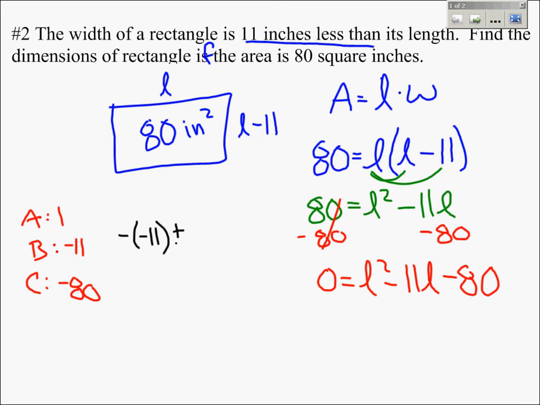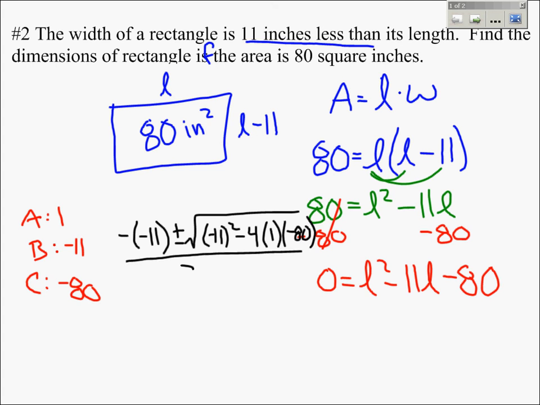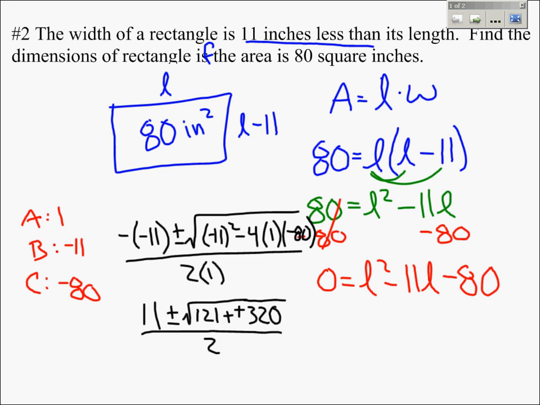Negative 11 plus or minus the square root of negative 11 squared minus 4 times 1 times negative 80, all over 2 times 1. That gives you 11 plus or minus the square root of 121 minus a negative 320, all over 2. Add those two together and you get 441.